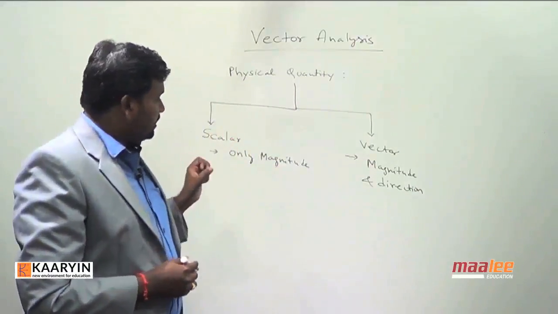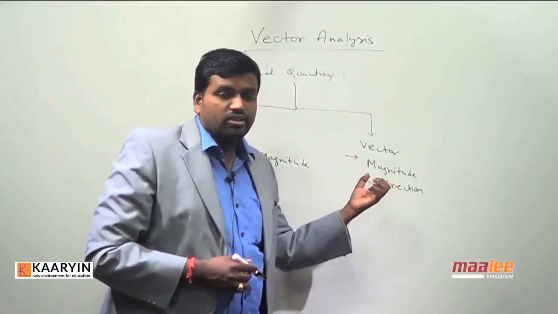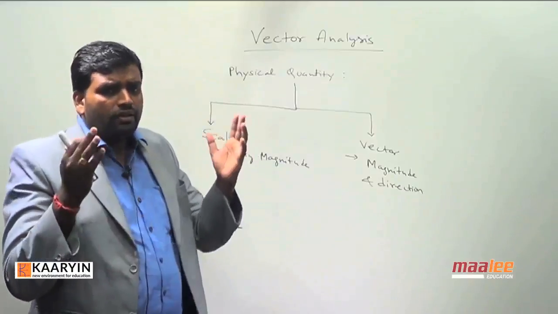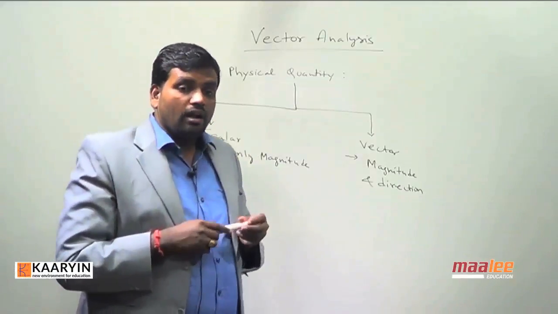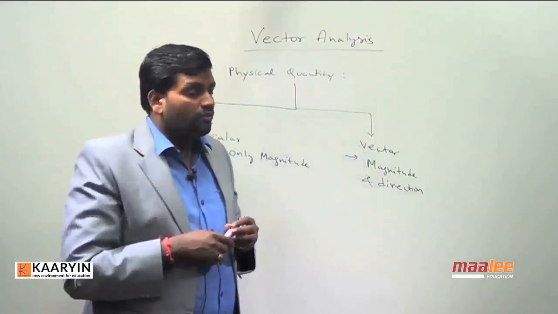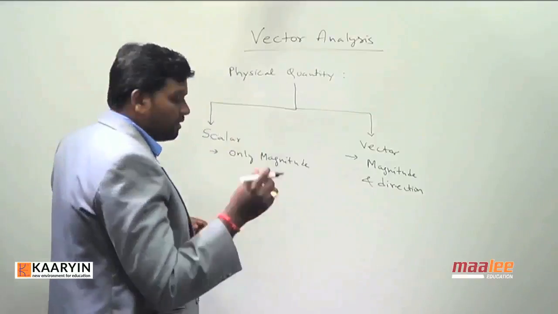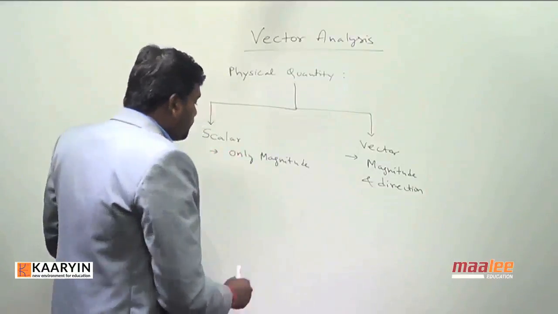So, this point is clear. Scalar means only magnitude, vector means both magnitude and direction. Okay. So, everyone knows this definition, but how many of you know the clear meaning of this magnitude and direction? What is the actual concept? I will explain with the help of an example.